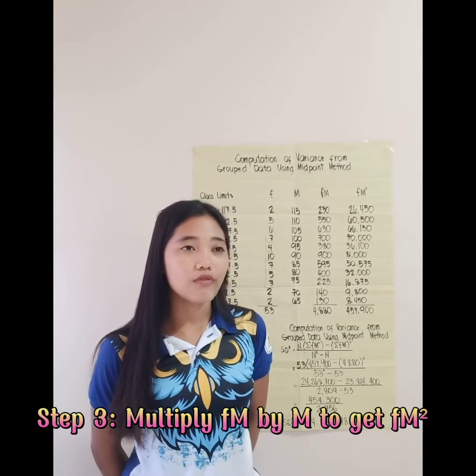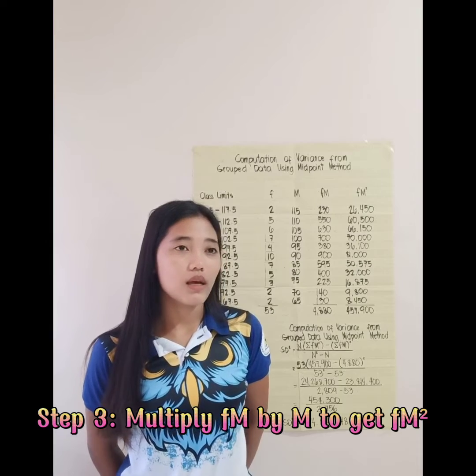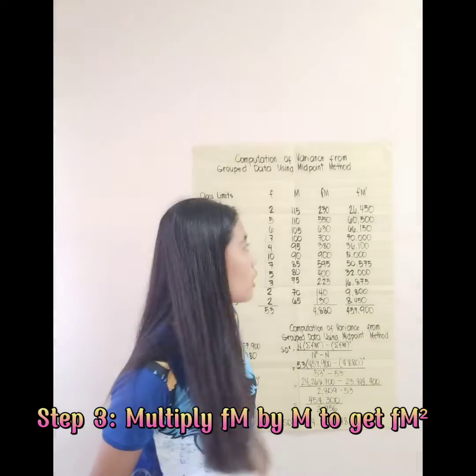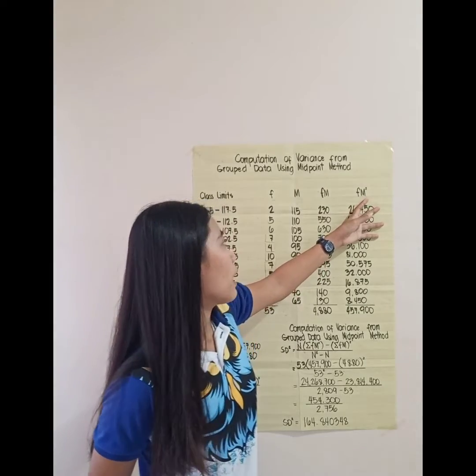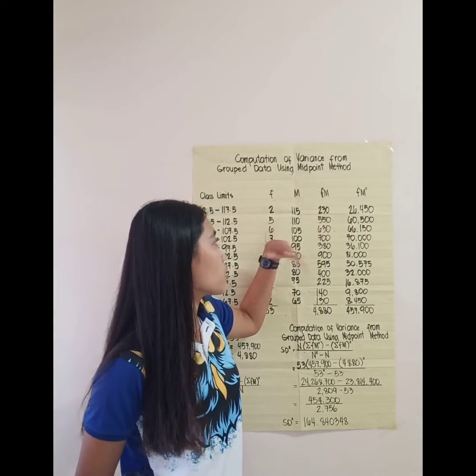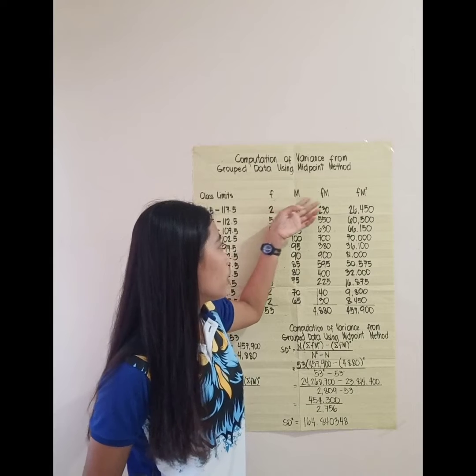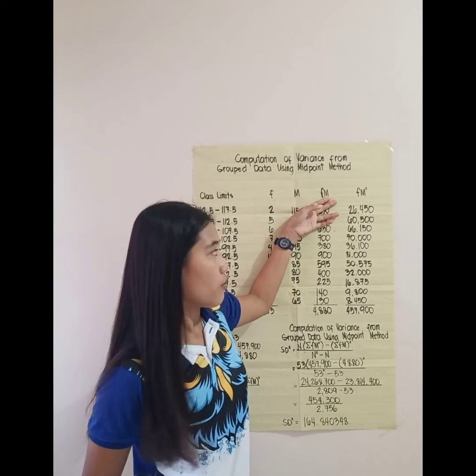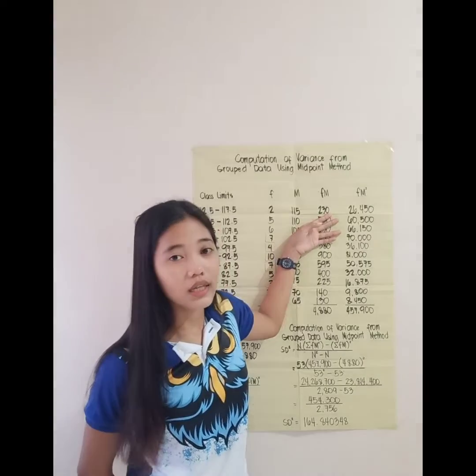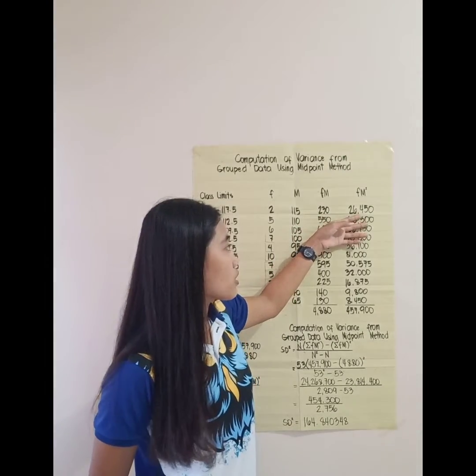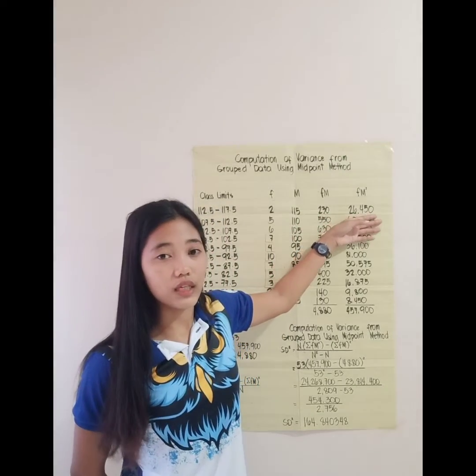Now, let's apply our third step. Multiply FM by M to get FM squared, as shown in the fifth column. So let's multiply the midpoint by FM. 115 times 230, the result is 26,450.